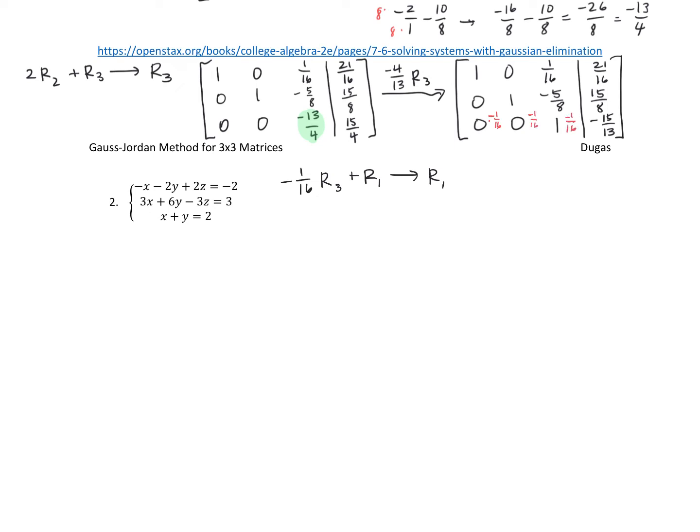And really easy for the 1. Okay, and add that to the top. So that's plus 0, plus 0, -1/16, and then -15 times -1 is +15, and then 13 times 16, let me see what that is. 208. Okay, so 15 over 208.